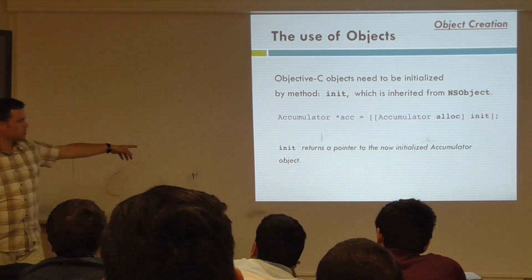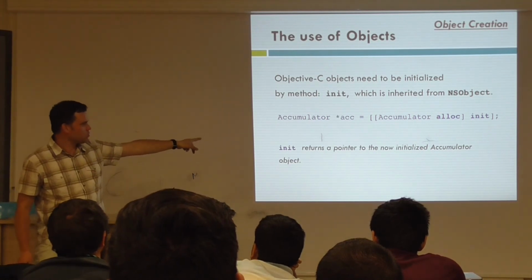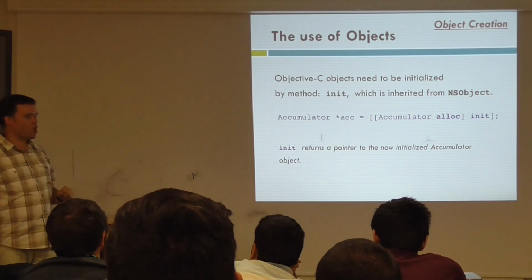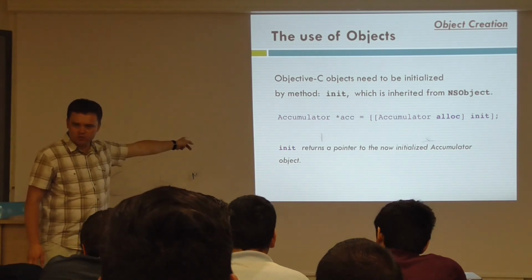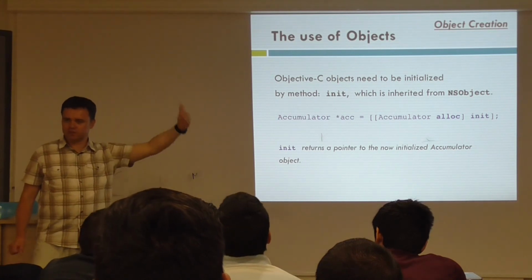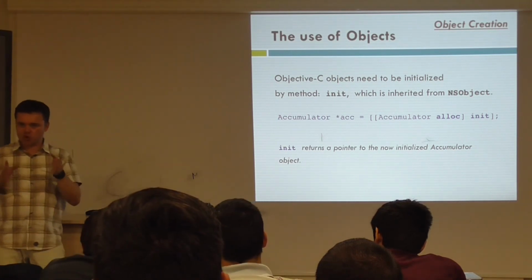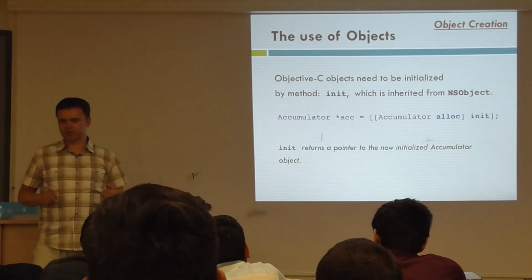Init, you can see, returns a pointer to the non-initialized object. So init starts with a minus because it's an instance method, not a class method, called on the object to initialize it.